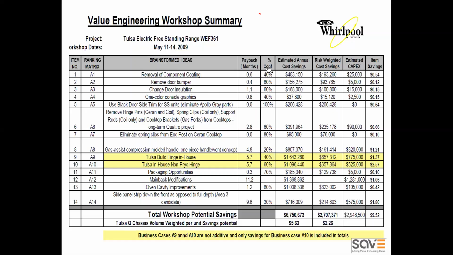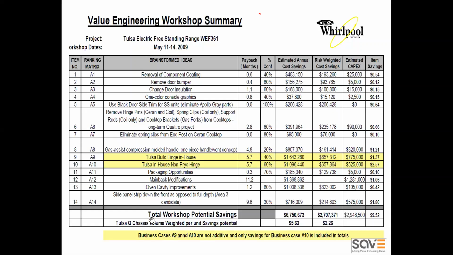You see, it is just an extension of the last business case, and how much they are going to save per annum, what is the risk weight with respect to risk, and how much are the savings. This is the estimated capex, and this is the item that this much savings are there for the particular ideas.